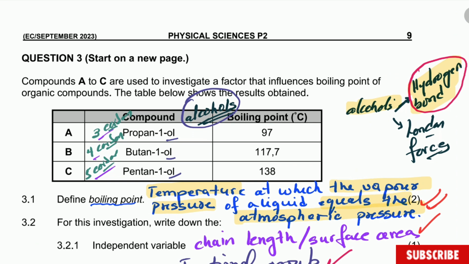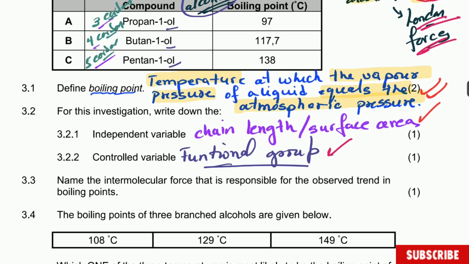The one that is going to change is the London forces, because as you make the chain longer, there will be more sites for London forces. So it is not hydrogen bond, but instead London force. So be careful with that one. So the answer here is London forces. London forces can also be called induced dipole forces or dispersion forces. I'm not going to write all of them, but London forces, either one.